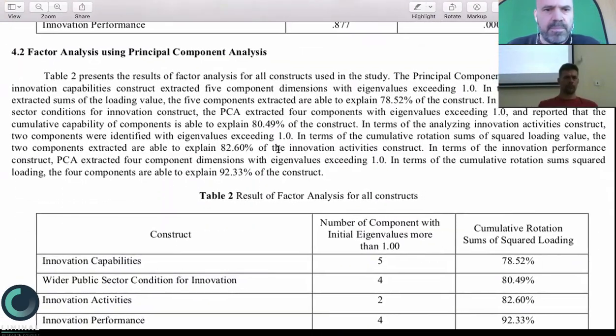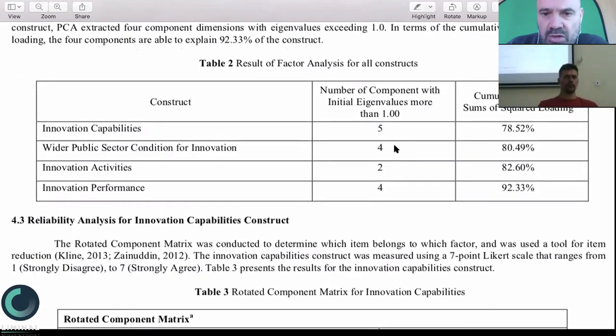You see, they said they extracted 5 components with eigenvalues greater than 1, and the cumulative percentage of variance was 78%. And then they used the scree plot. The scree plot is not shown here. So then they decided on 5. They call it components because they used another mathematical technique, but this is actually the factors or the constructs.